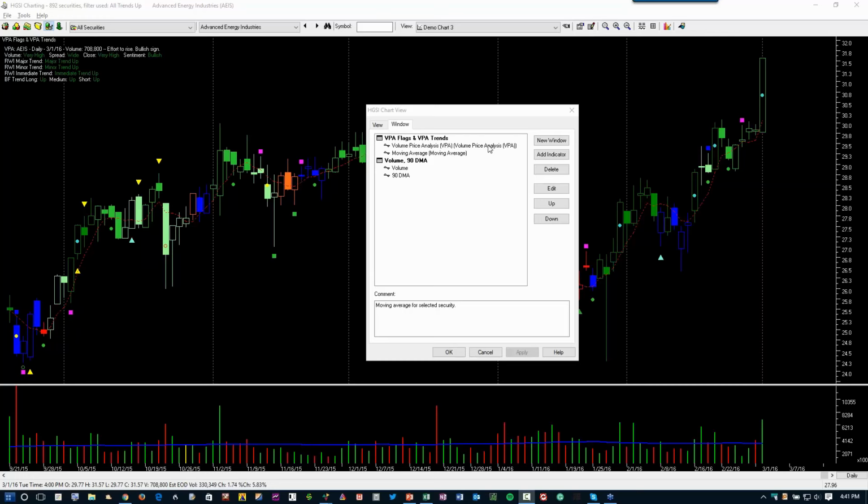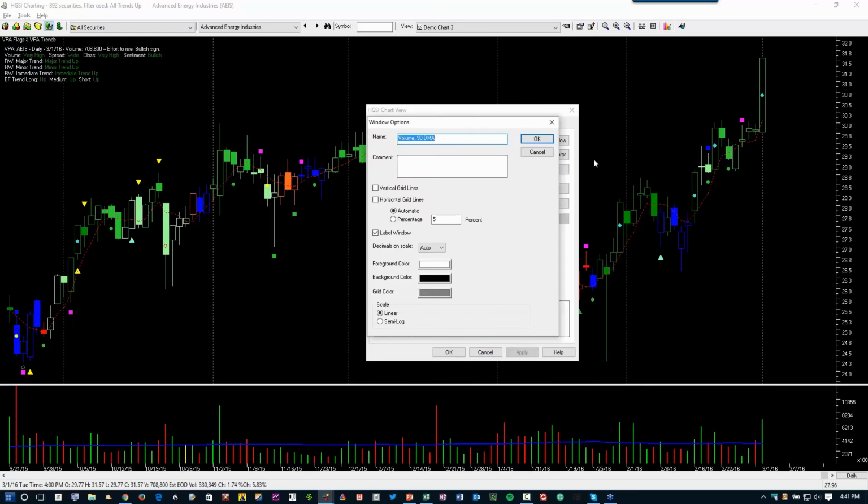And so if you click on one of those windows, like the volume, it brings up the options for that window. And the options for the window determine generic things like the color of the window, whether it's log or semi-log. You can also control the little horizontal lines that you can see in the chart, the little dotted lines.